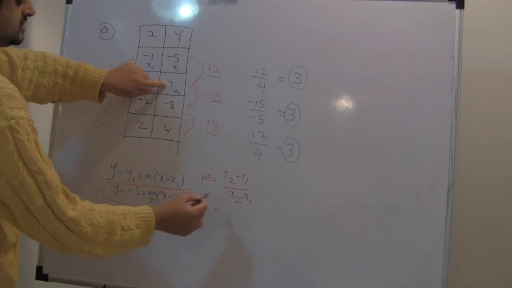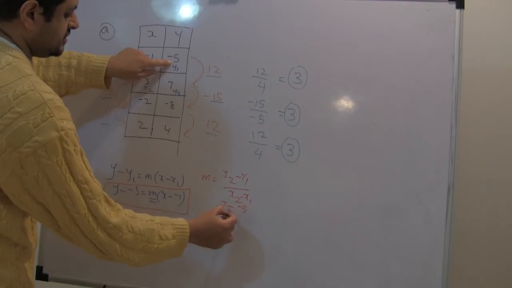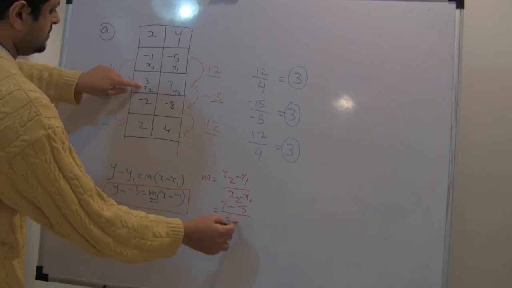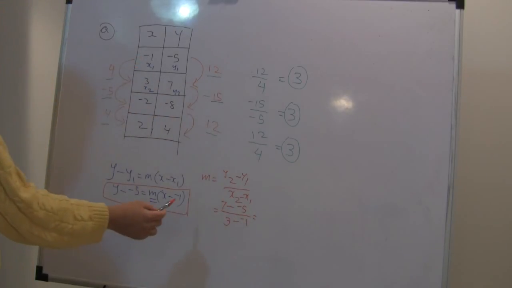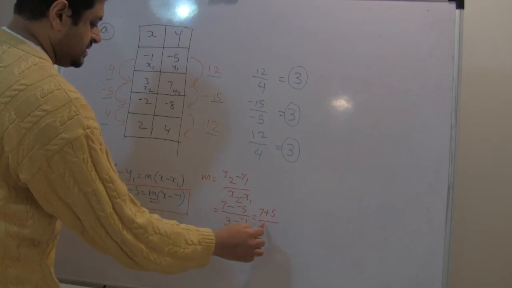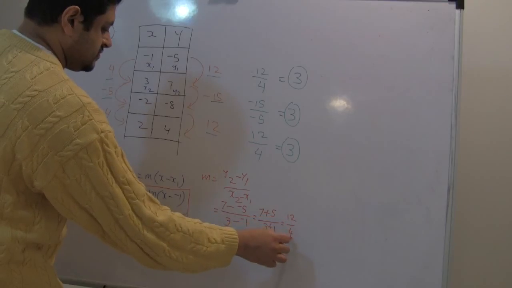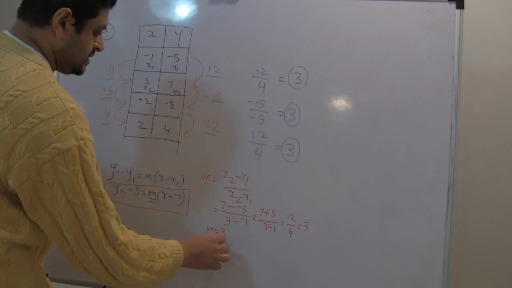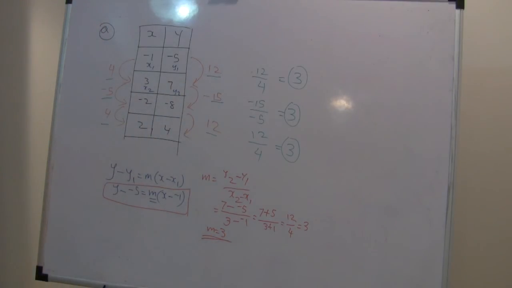So y2 is 7 minus y1, which is negative 5, divided by 3 minus negative 1. That's 7 plus 5 divided by 3 plus 1. So 7 plus 5 is 12, divided by 4, that's 3. So slope m equals 3.